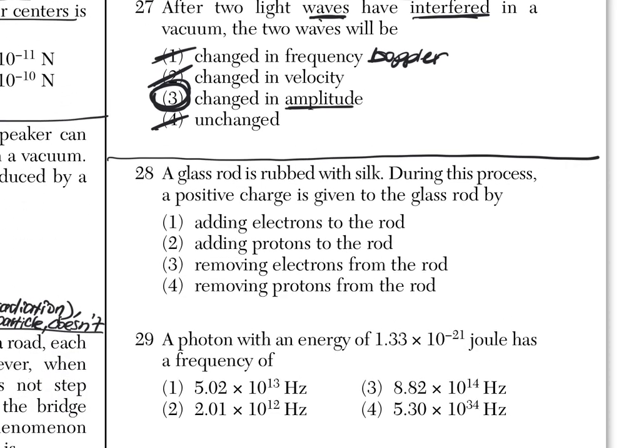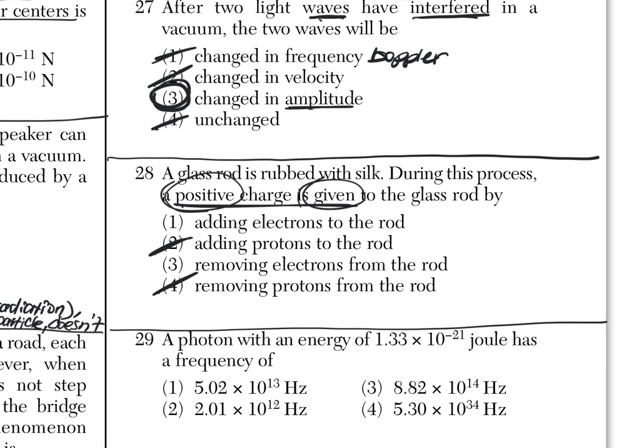All right, so we were talking about a glass rod rubbed with silk. A positive charge is given. So how does that work? The protons do not move, so we don't add protons or remove protons. Yes, we're giving a positive charge, but we don't do that by moving the protons because they can't get out of the nucleus. And we're not adding electrons, because adding electrons to the rod makes the rod negative.